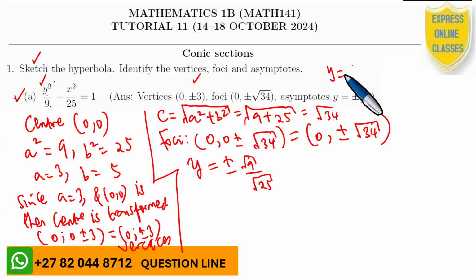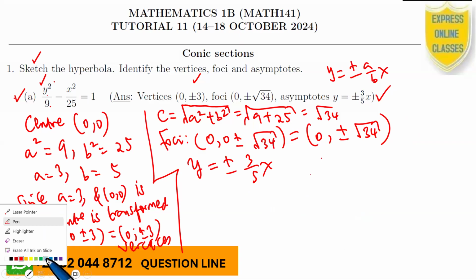It's y equals plus or minus a over b x. You can write that without making things complicated, so it's going to be 3 over 5 x. And then we have found the asymptotes. And then we can sketch everything right now.